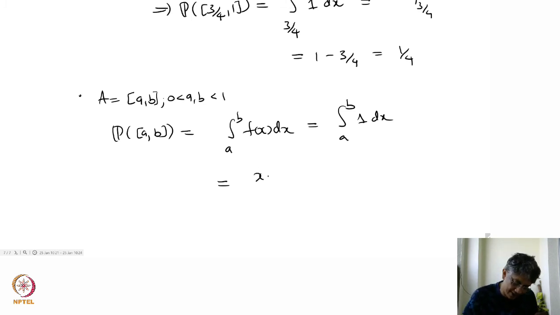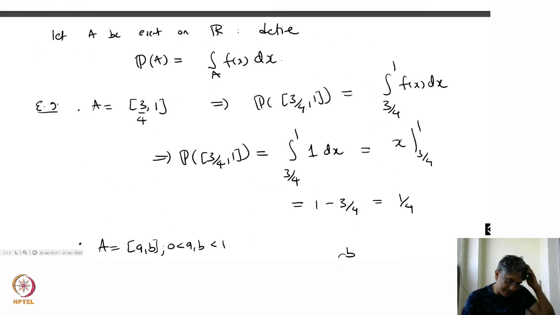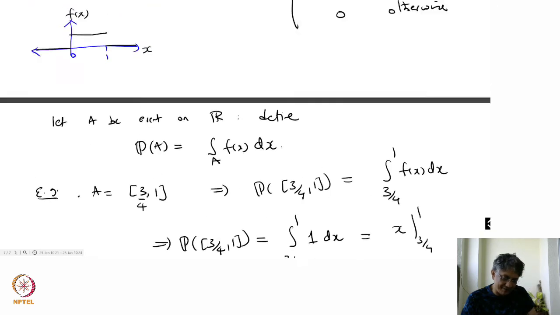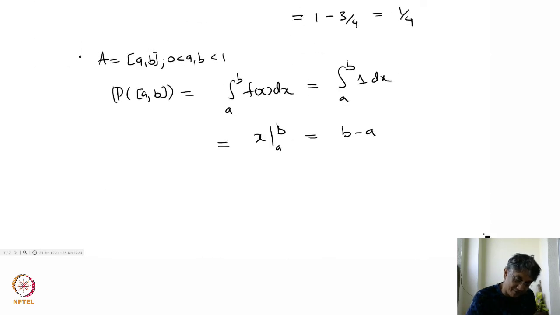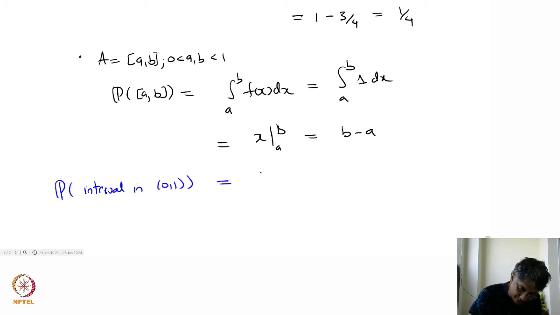This is just x from A to B, and that's just B minus A. So by this definition of probability, that is the integral of f, where f is given by the top guy, I've achieved the following: the probability of an interval in 0, 1 is equal to the length of the interval.